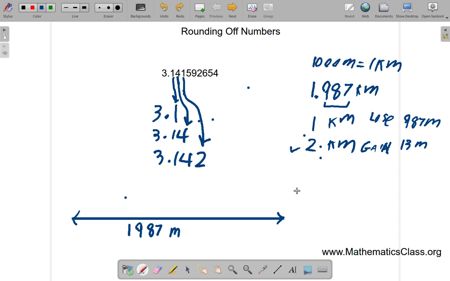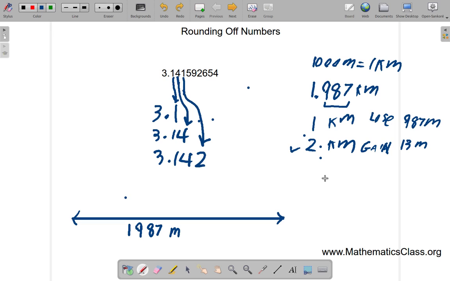Now, of course, suppose you're tiling a floor and you measure and calculate the number of tiles.